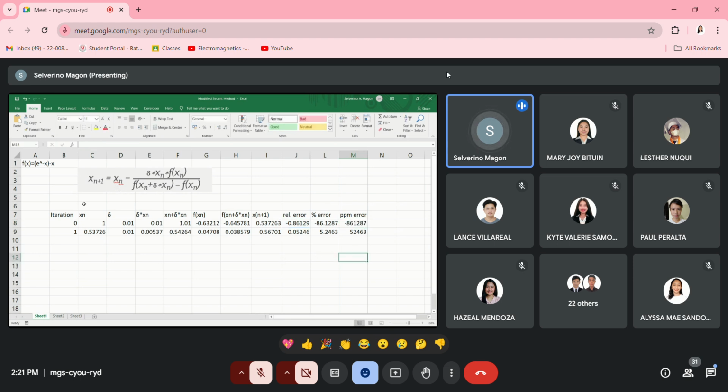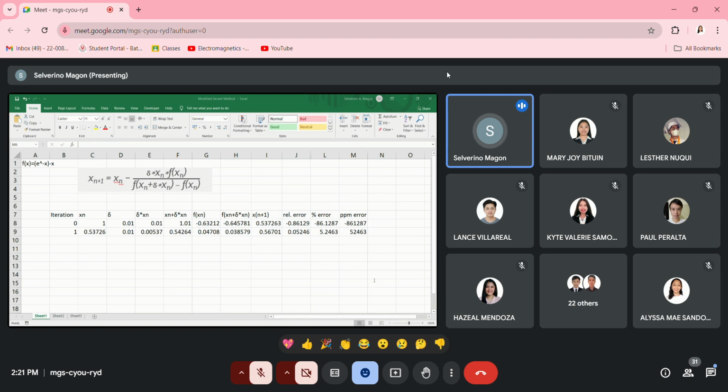Okay, so I'd like you guys to work on the same problem, but I want you to figure out how many iterations it requires for the modified secant method to arrive at a solution with an error rate of less than 1 ppm.